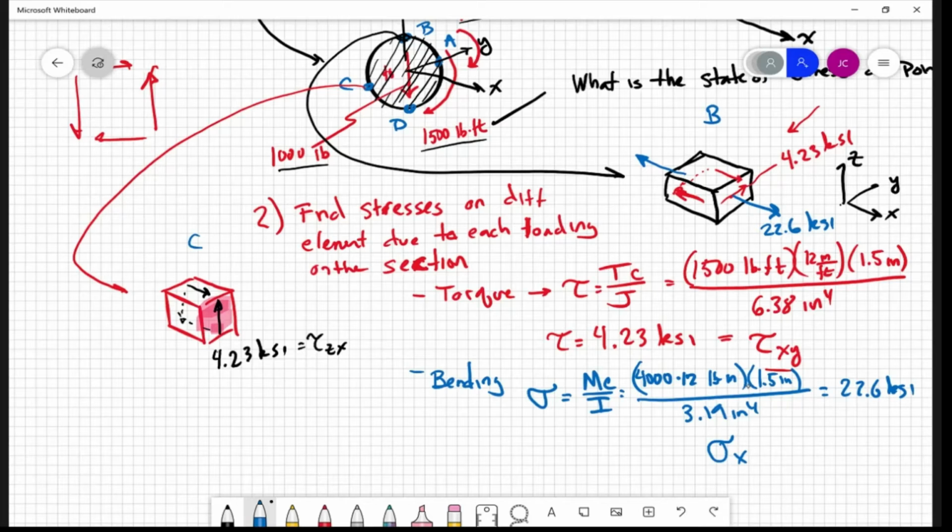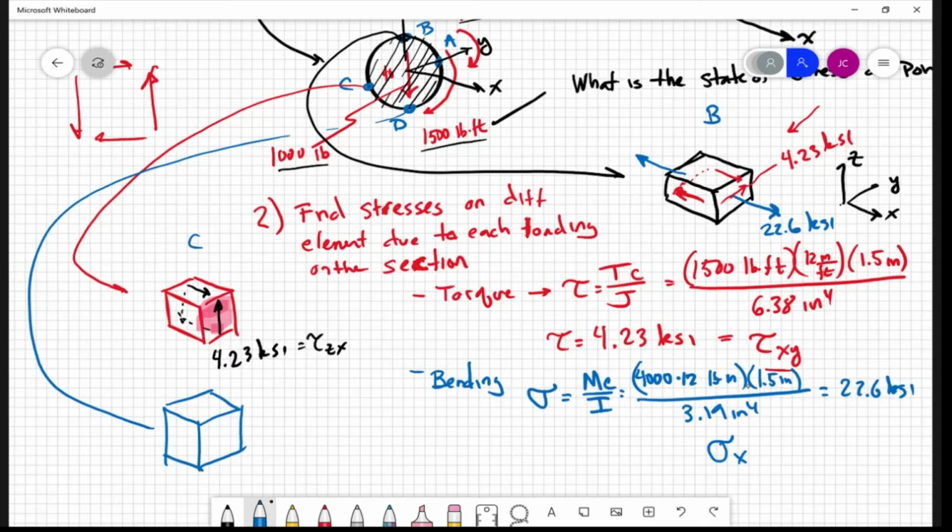And then if we were to look at point D, I'm going to draw a little cube at point D. All right. We get a compressive stress in that direction.